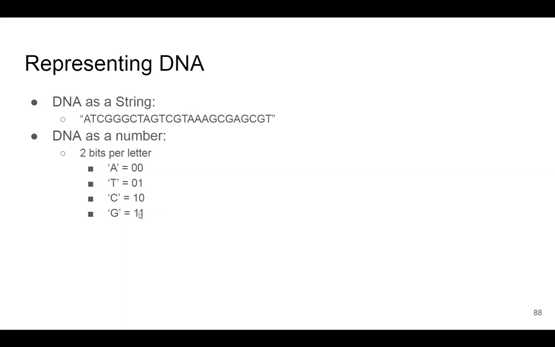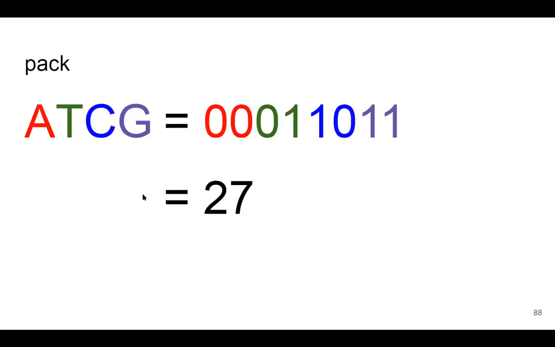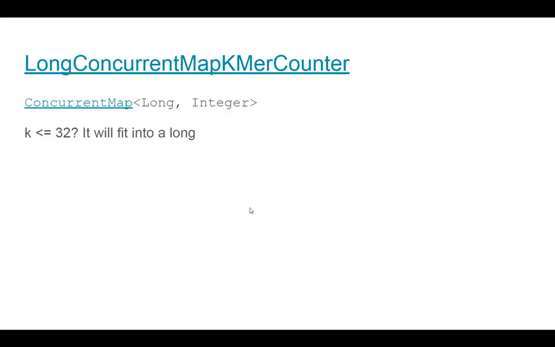So 0, 1, 2, and 3. Now I can pack this, let's say this is a k-mer, ATCG, into 0 0 0 1 1 0 1 1, and now it's just the number 27.